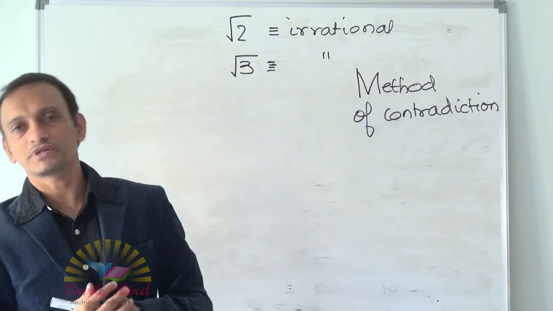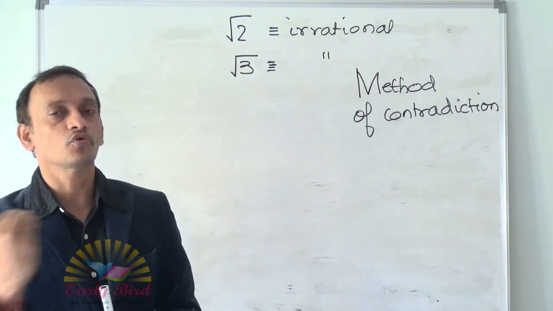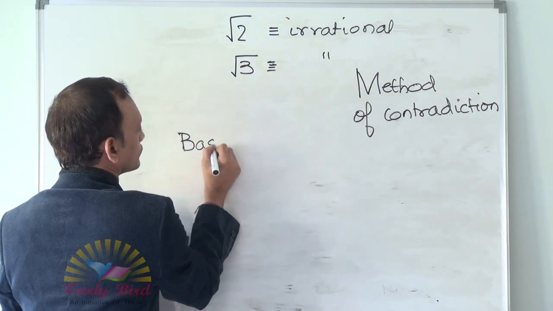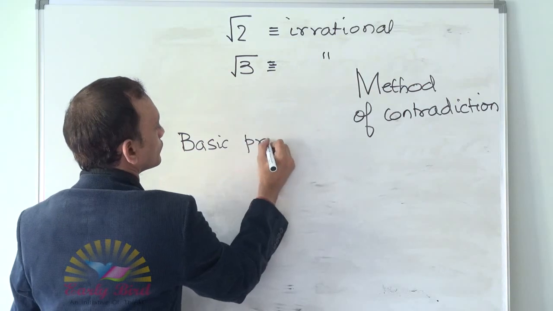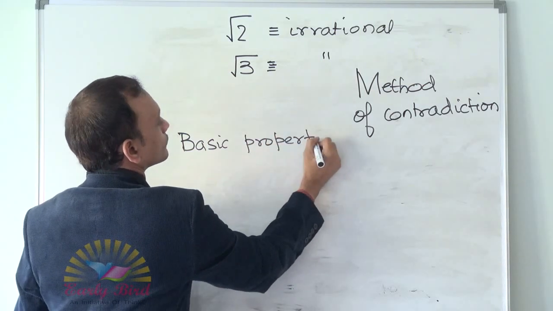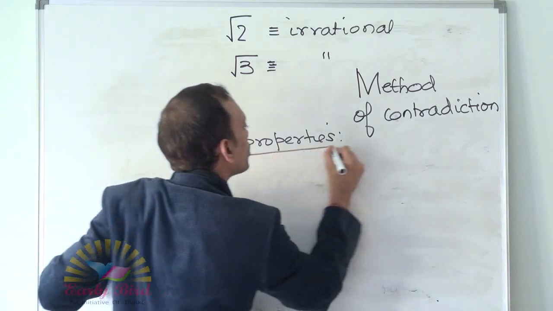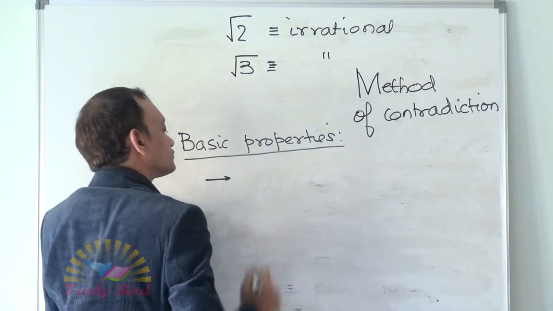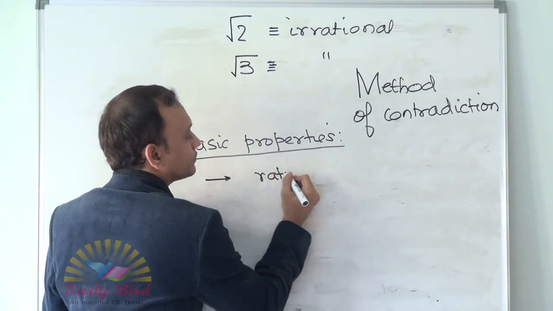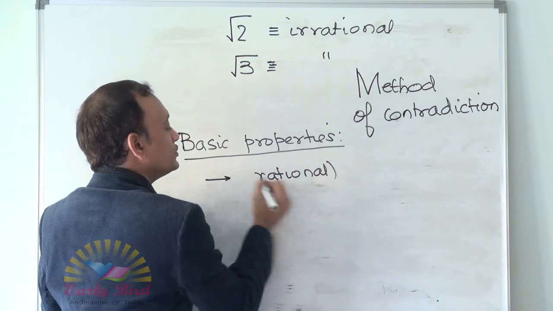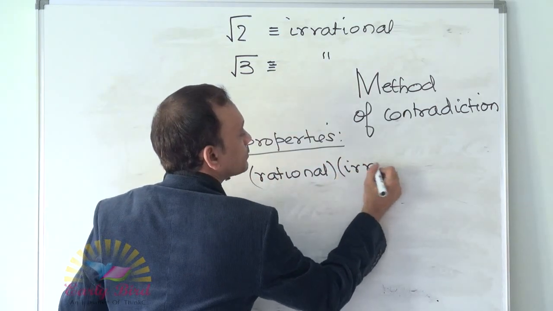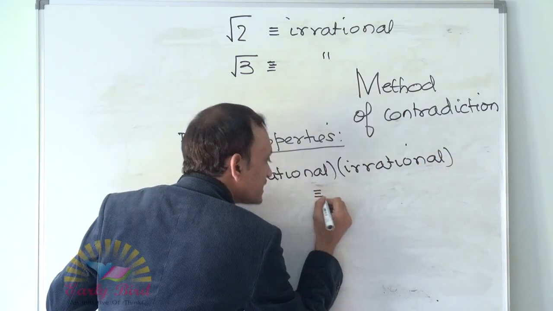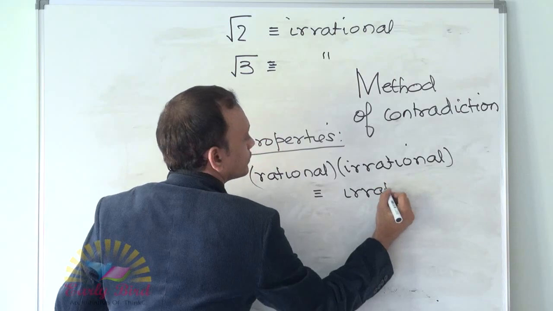Now, some basic properties which I want you to take notice of. I want you to ponder over these properties. A rational number, when you multiply by an irrational number, you will always get an irrational number.